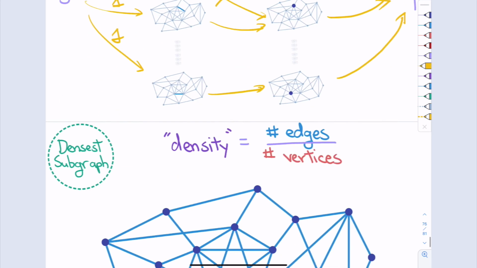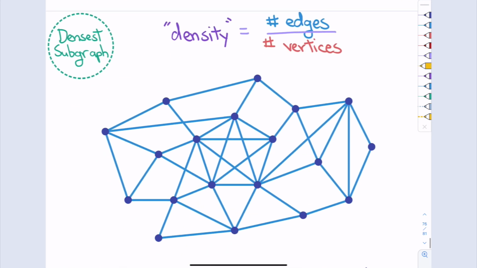Okay, last one. Trying to find the densest subgraph. This one's kind of hard, I think.